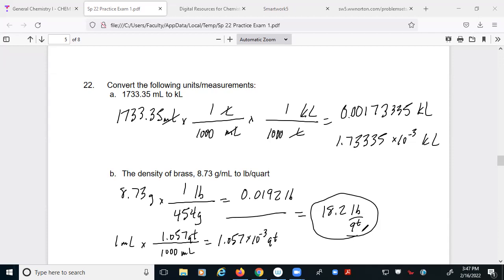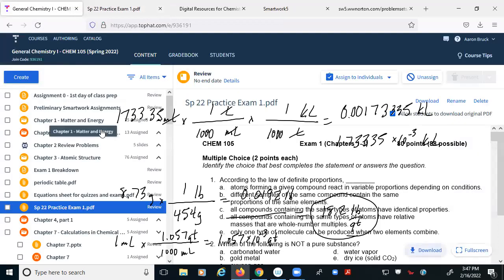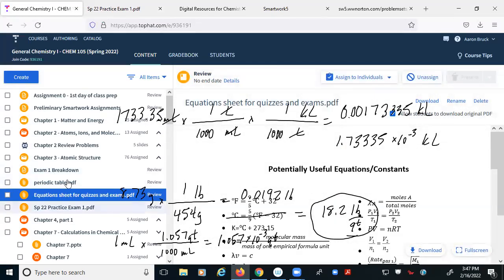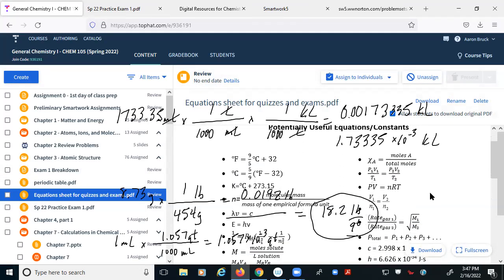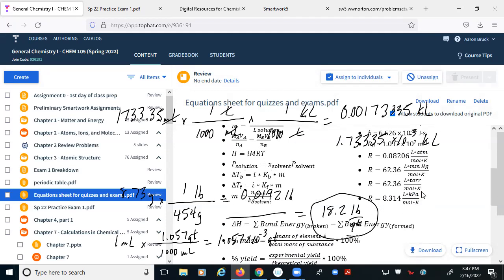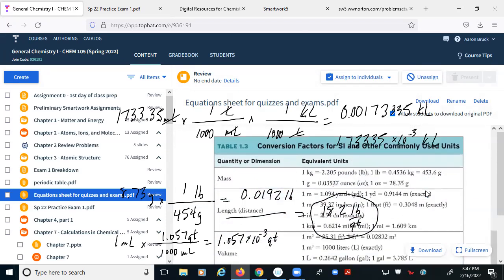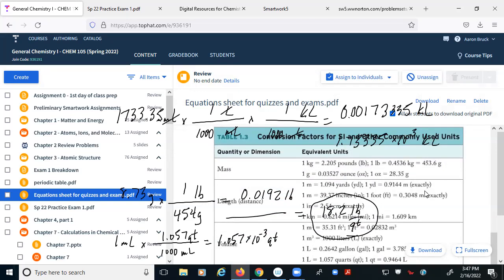For the test, do we even know the conversion, like 1,000 milliliters or 1 liter? No, so here in Top Hat with all the other exam materials, you will find the exact equation sheet that you'll be given. And in that equation sheet, you'll also be given this table of values.